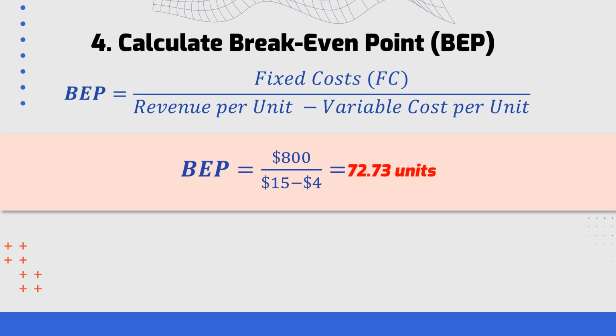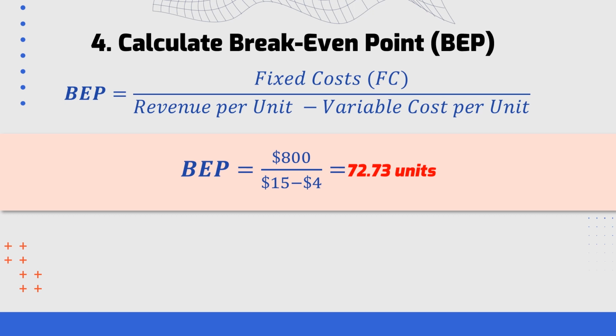So here we have $800 divided by 15 minus 4, in other words $800 divided by $11, which gives us 72.73 units, or roughly 73 units.